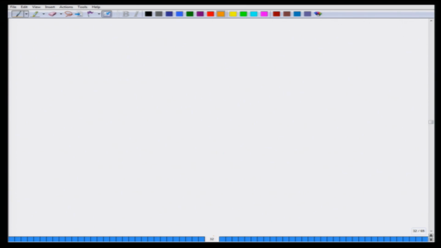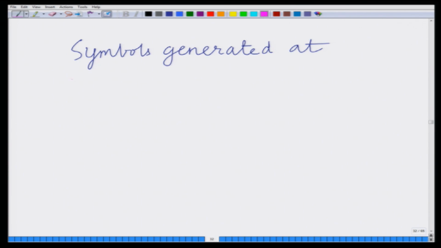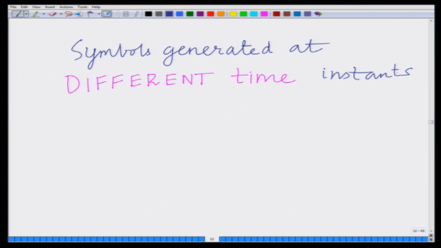So, what we would like to say is that the symbols generated at different time instants are independent.